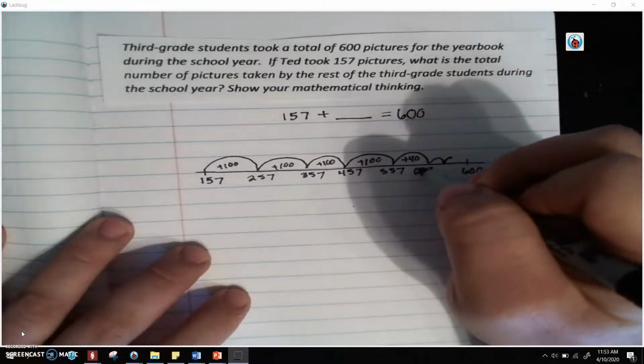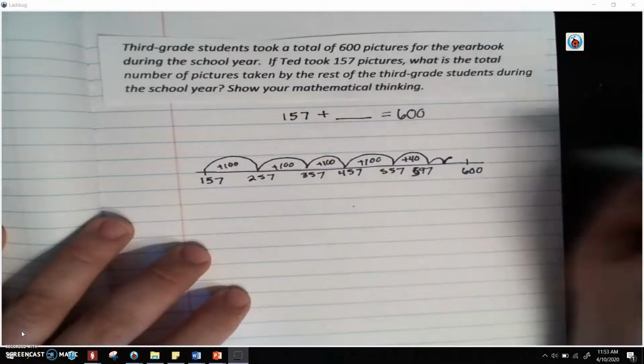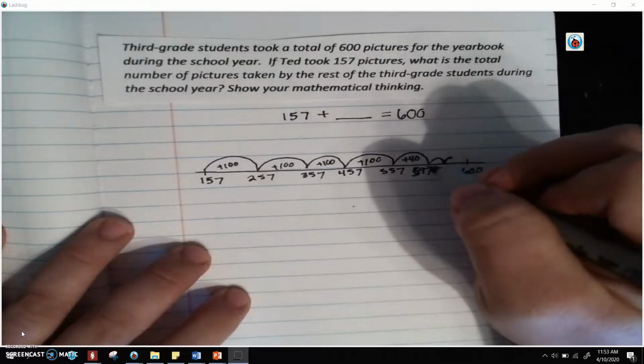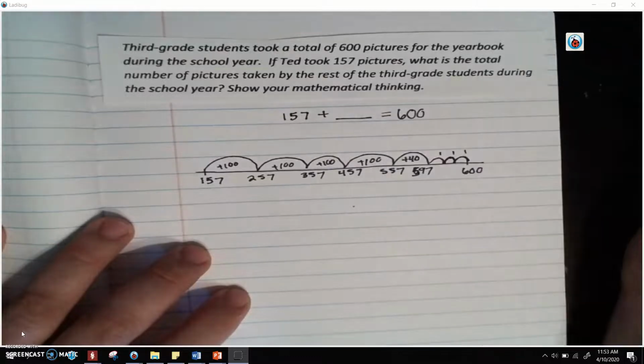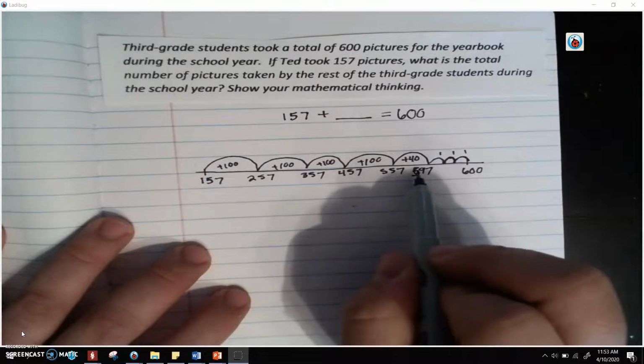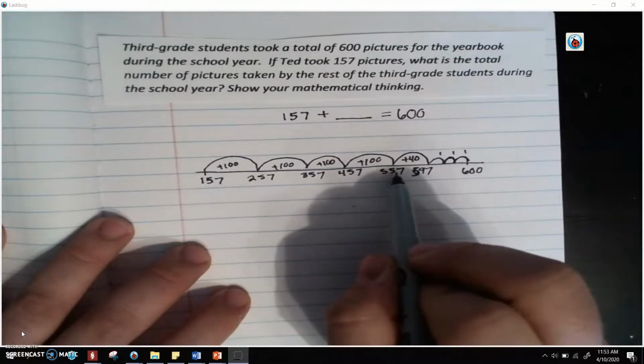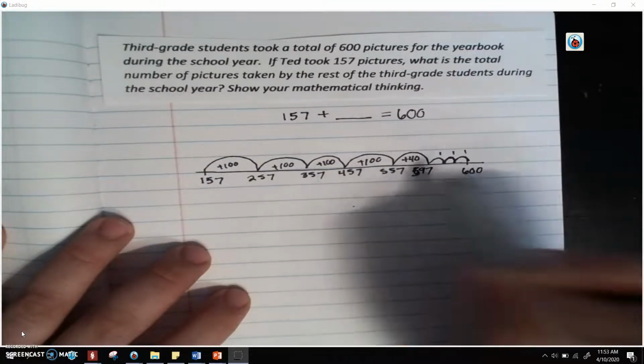I'm sorry, that's going to actually be 597, not 697. So 597, what do we got here? 598, 599, and then 600. So that's 111. I just made a simple mistake right there, but I caught myself. So 557 plus 40 would be 597, not 697.